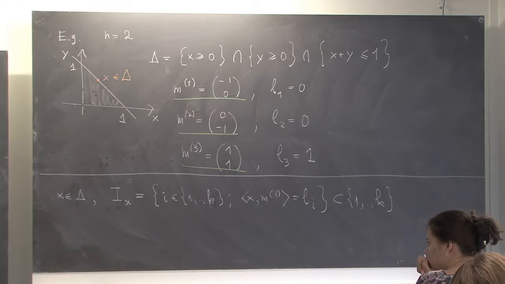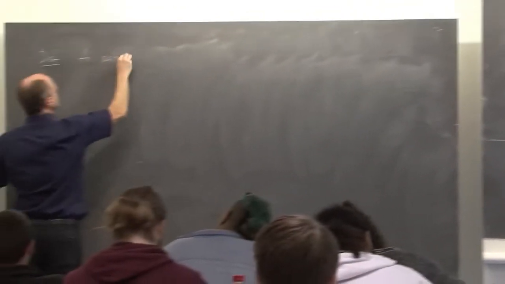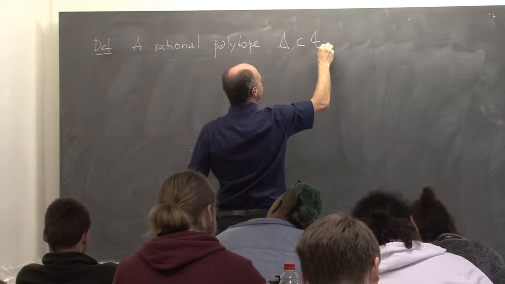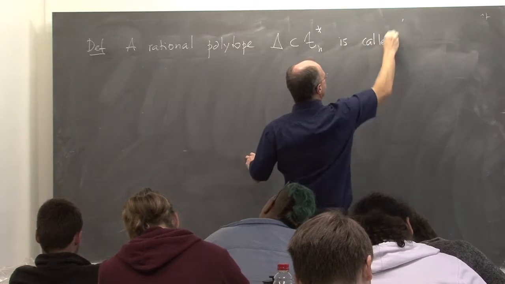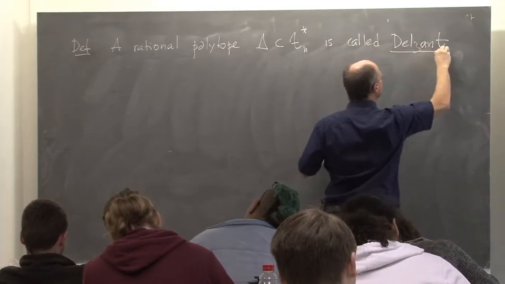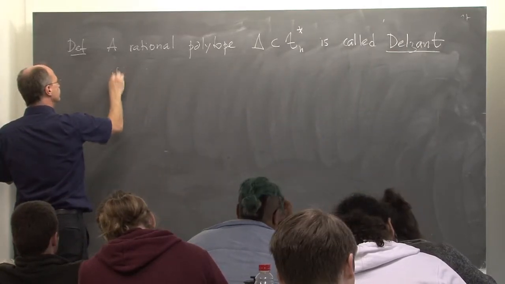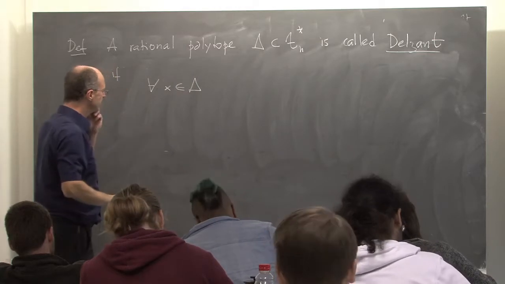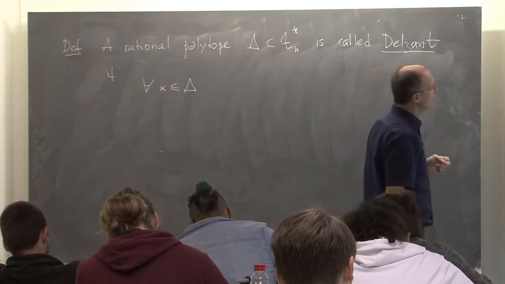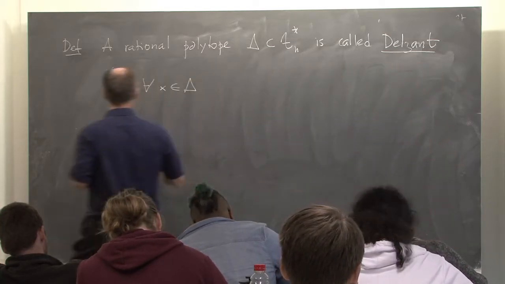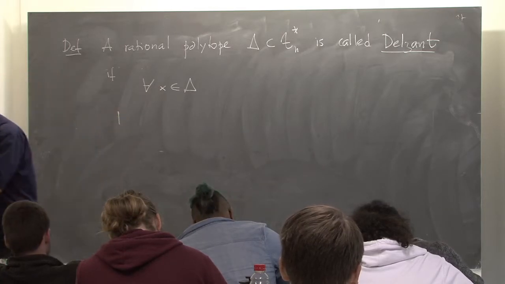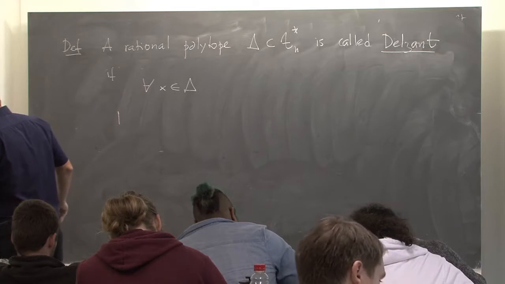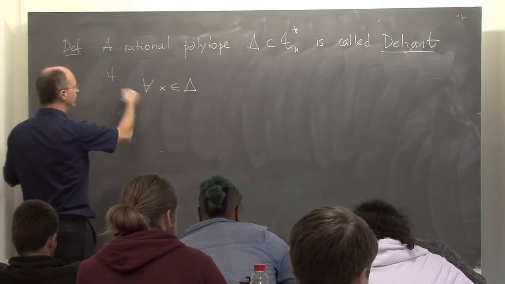So here is a definition. The rational polytope Delta in T^n star is called Delzant if for all x in Delta one has the following property. Let me state it as we did before.